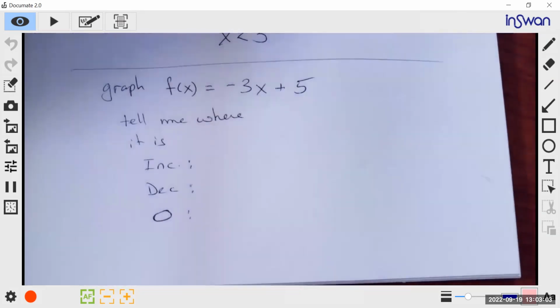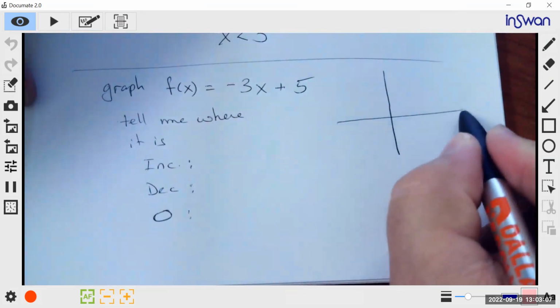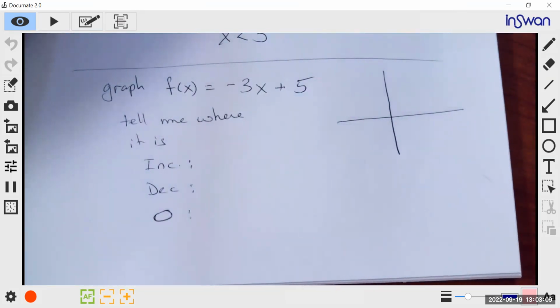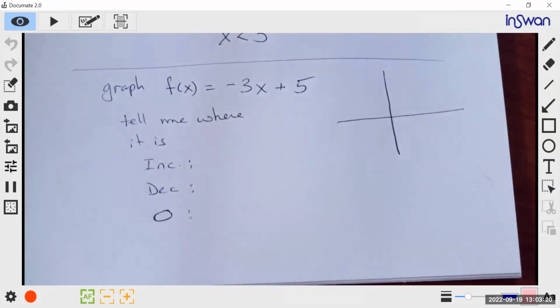Okay, so how do we graph this equation? What kind of equation is it? Well, we know it's a line. How do we know it's a line?